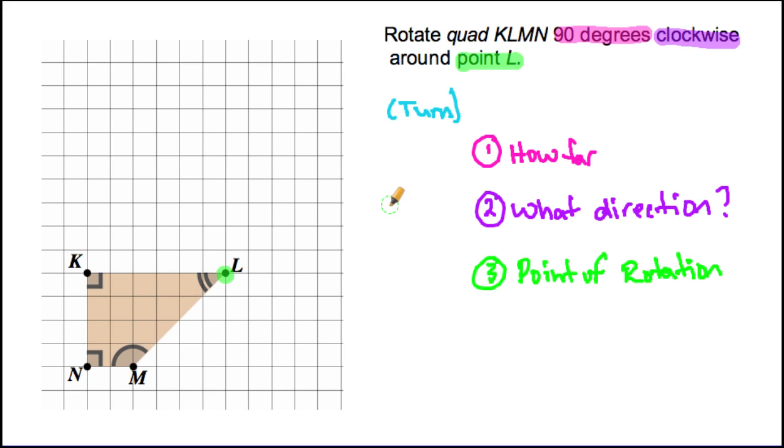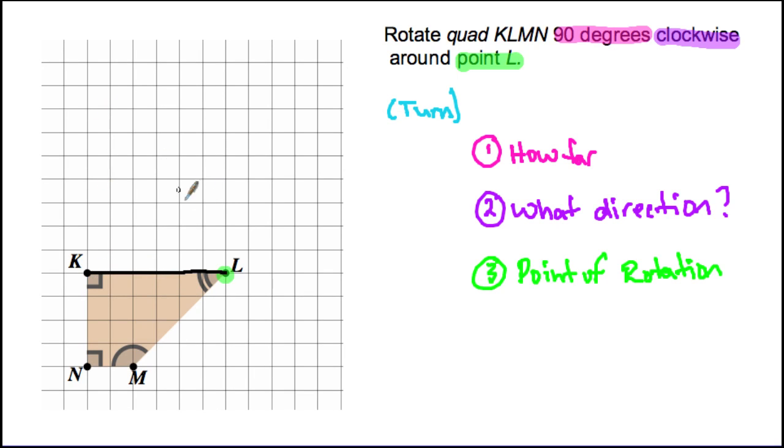So once again, this is where you need to know your angles a little bit. The first thing I'm going to look at here is point K. Point K is 1, 2, 3, 4, 5, 6 units away from L, and it is directly horizontal. So if it's horizontal, it's now going to be vertical, right?